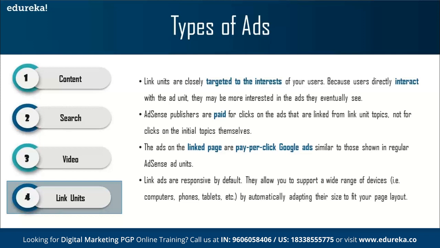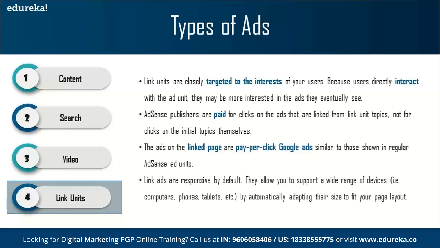So basically, this is a kind of text ad, individual text ads created into a unit. And last point, link ads are responsive by default. They allow you to support a wide range of devices, because nowadays, ads can come in any device.